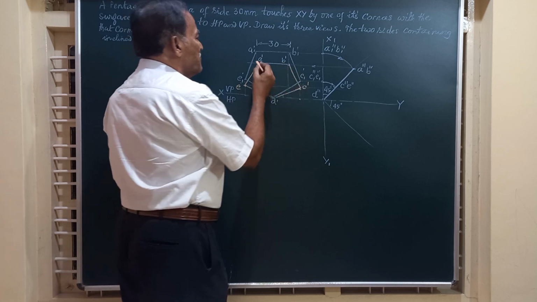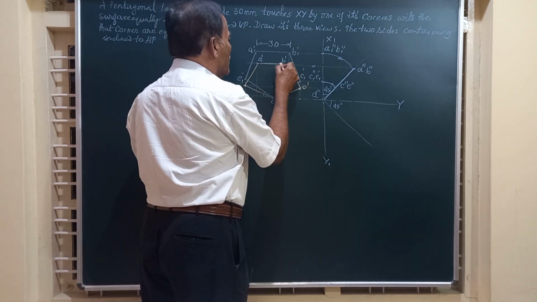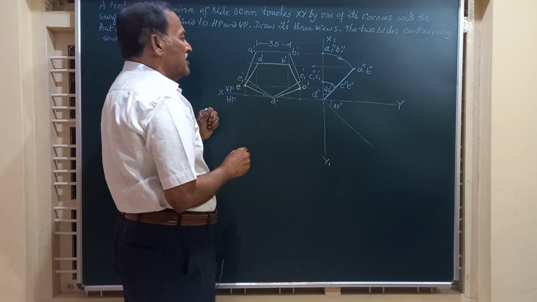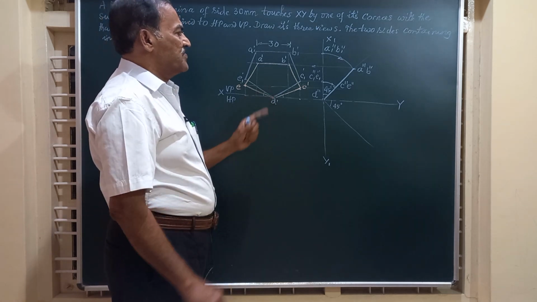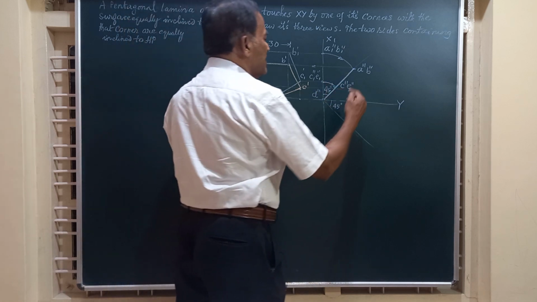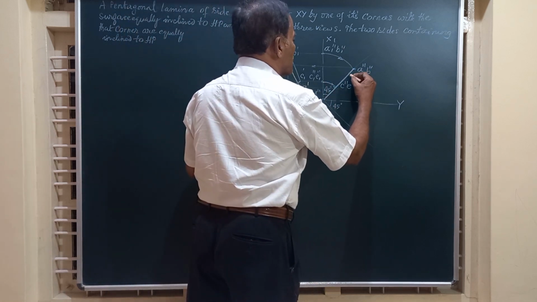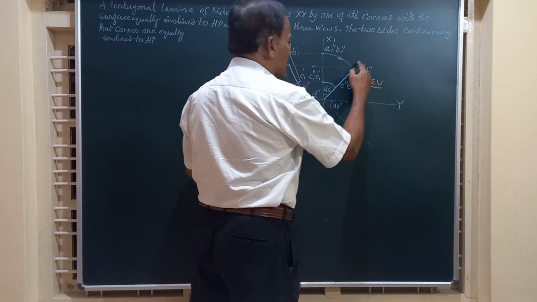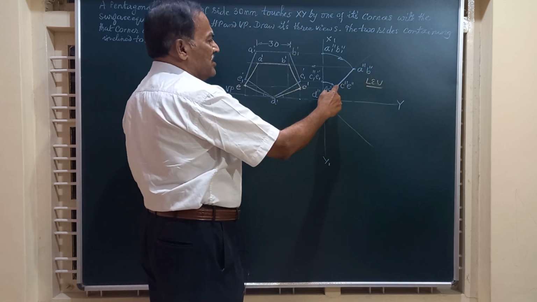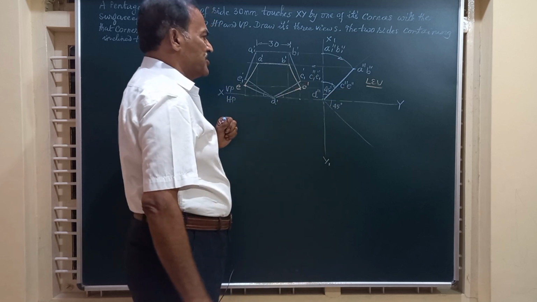Friends, this is the final front view of the pentagonal lamina, which is touching XY by one of the corners. And this line will represent what is called the left end view. It is going to be a line A double dash, B double dash, C double dash, E double dash and D double dash.